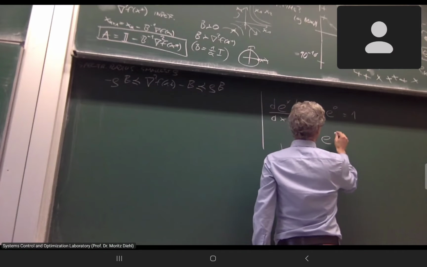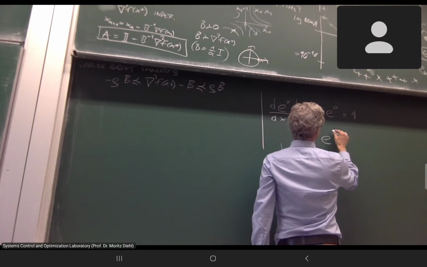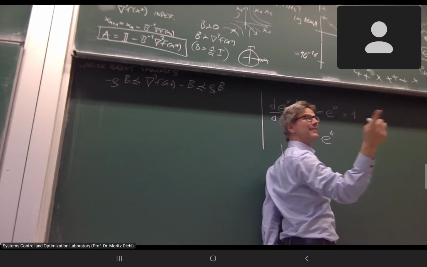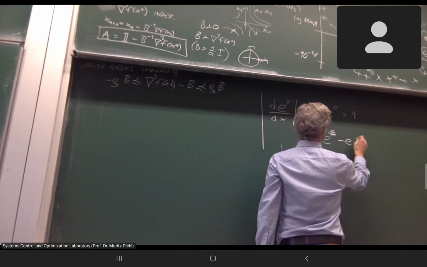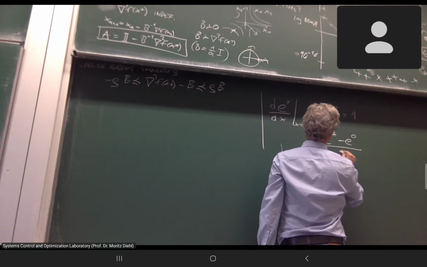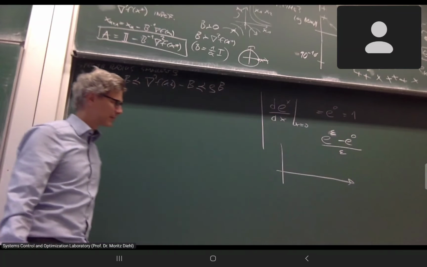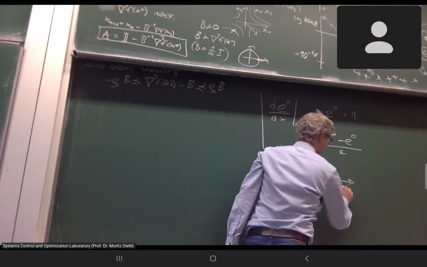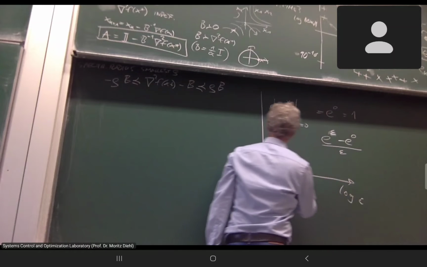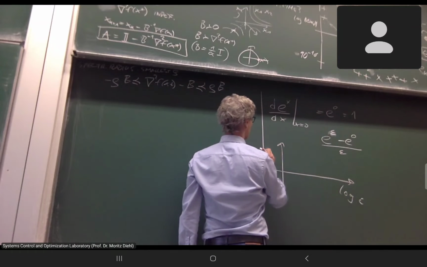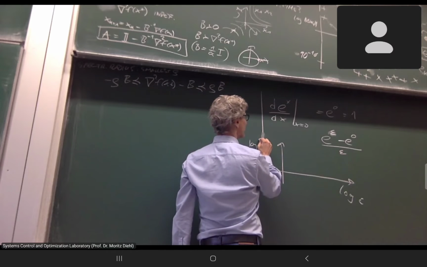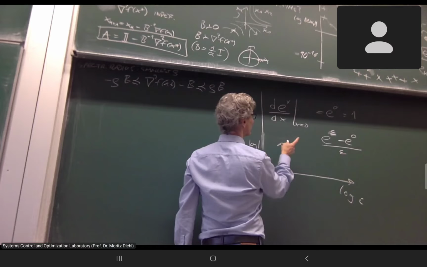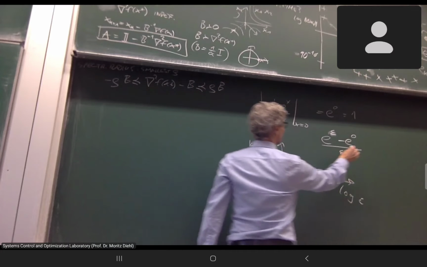How do we call this perturbation? Epsilon. Good. So e to the epsilon minus e to the 0, that's what the finite difference would give you. And then here I have log of epsilon, and here the log of the absolute value of this thing.